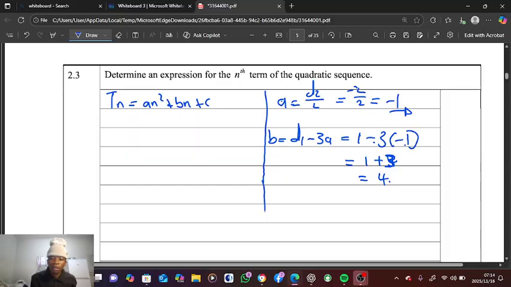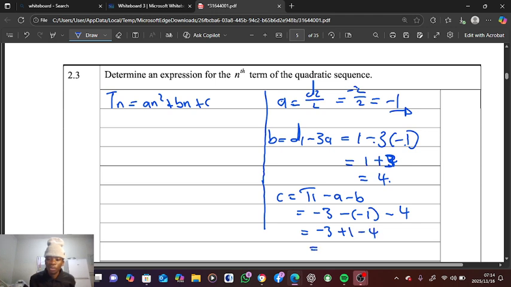Then for c, we have to say t1 minus a minus b. This is our first term, which is negative 3, minus into minus 1, because our a is negative, minus 4. So this is negative 3 plus 1 minus 4, which gives us negative 6.